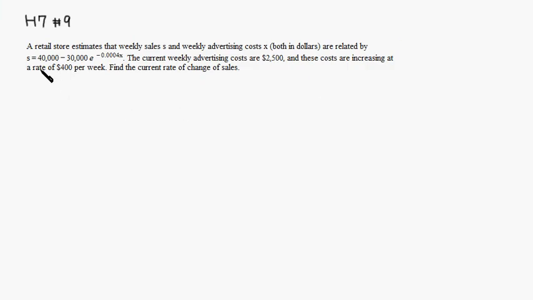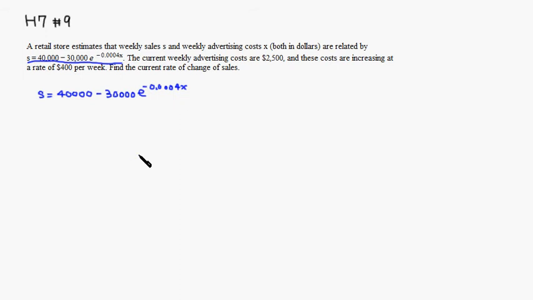So you have the equation here, so that's pretty simple. Then what else is given? I'll write it down. S is equal to 40,000 minus 30,000 e to the negative 0.0004x.